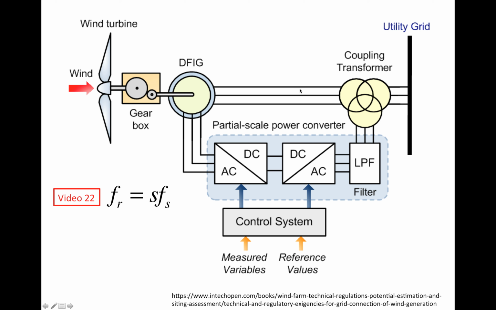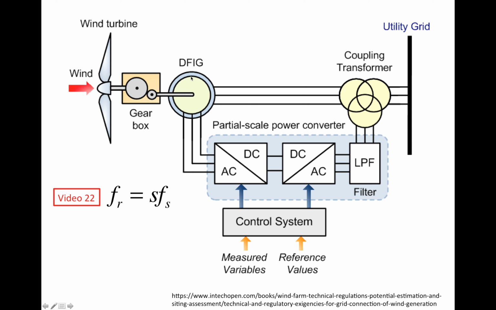This part of the circuit also exists in the ordinary squirrel cage induction machine. If you are using just an ordinary squirrel cage induction machine, that's pretty much the wiring that you are going to get, so all the power is coming out of the stator. But if you are using a wound rotor, now you have three-phase wiring coming out of the rotor too.